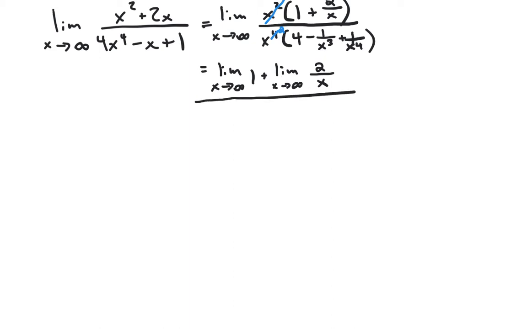And I will say, eventually, after we do a couple of examples, I'll stop doing this the long way, and we can just look at this and say this is a 1, this will go to 0 as x approaches infinity, etc. Okay, and here, we're left with the limit as x approaches infinity of x squared times the limit as x approaches infinity of 4 minus 1 over x cubed plus 1 over x to the fourth.